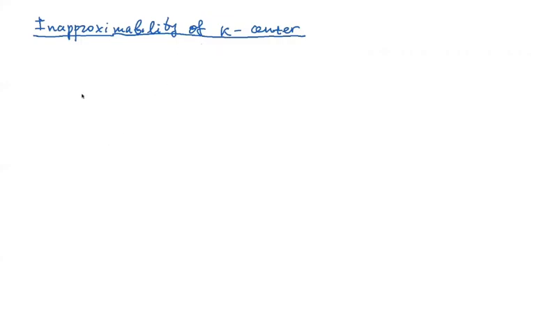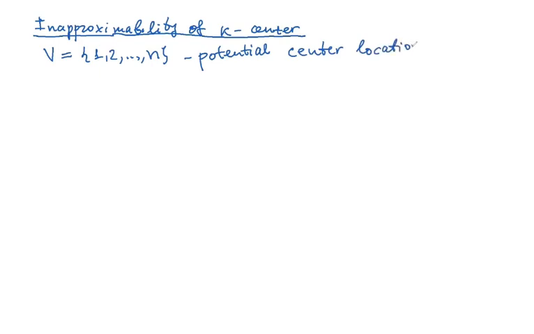Essentially, you have n different potential locations for the center. Let's call this the set V, 1, 2 through n potential center locations. And then let's denote by Aij the distance between locations I and J.